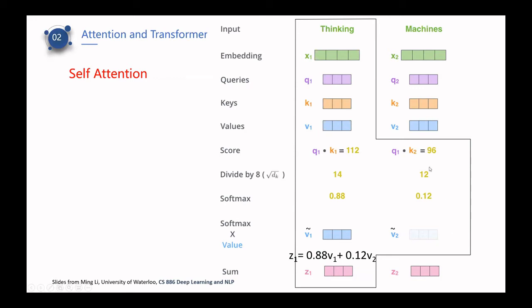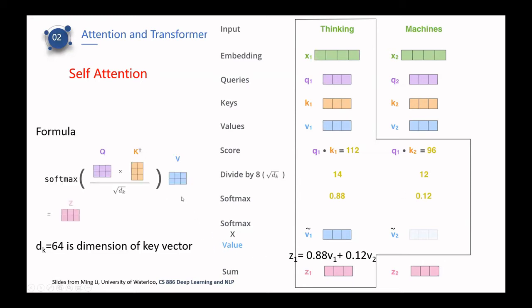The same thing we repeat for X2 and whatever other words you have. So we took the query Q for the 2 words, the key transposed, multiplied, divided by the square root of the dimension dk, multiplied with V, and we get Z. It's very nice, and I think these guys have done a very good job explaining this.